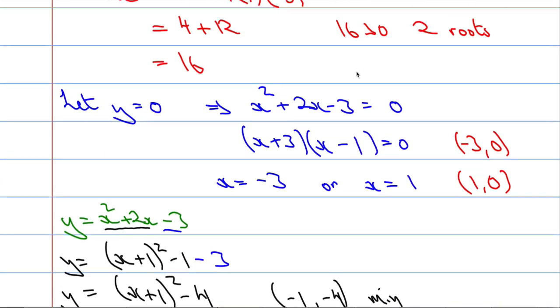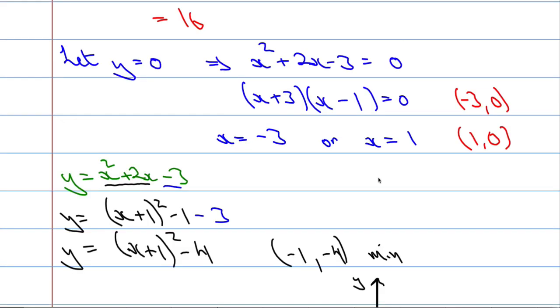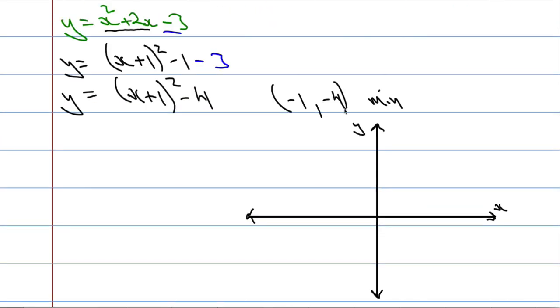Okay, so from the top we know that the shape is a U, and I know that the y-intercept is (0, -3). That's our y-intercept there. In fact, let's not do it in that colour. Let's go for blue. (0, -3). Now you'll notice I haven't done a scale. It is just a sketch, so it's okay to do it like this.